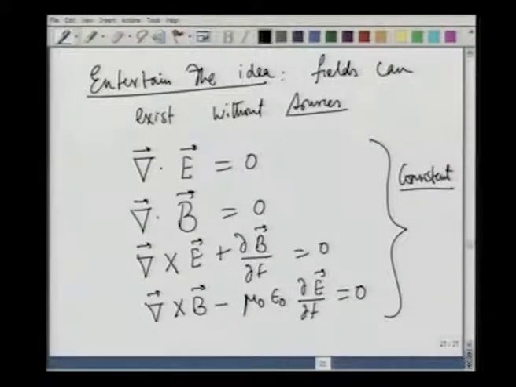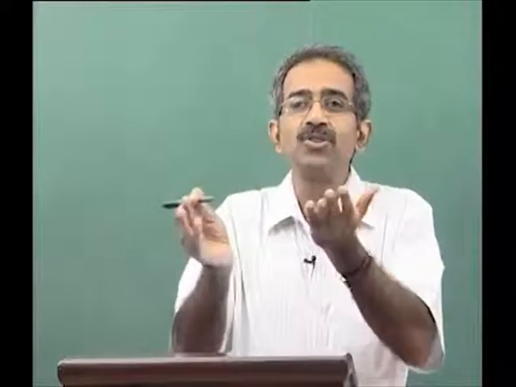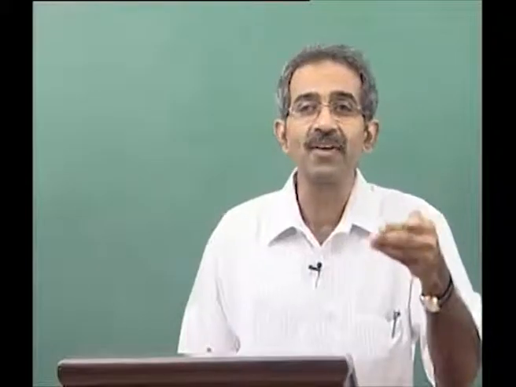What we want to now do is to explore these equations and ask whether the consequences of these equations can be actually seen experimentally. How do I see this experimentally? The way I see this experimentally is obviously by looking at non-trivial solutions of electric and magnetic field. Please notice that this is a set of homogeneous equations.